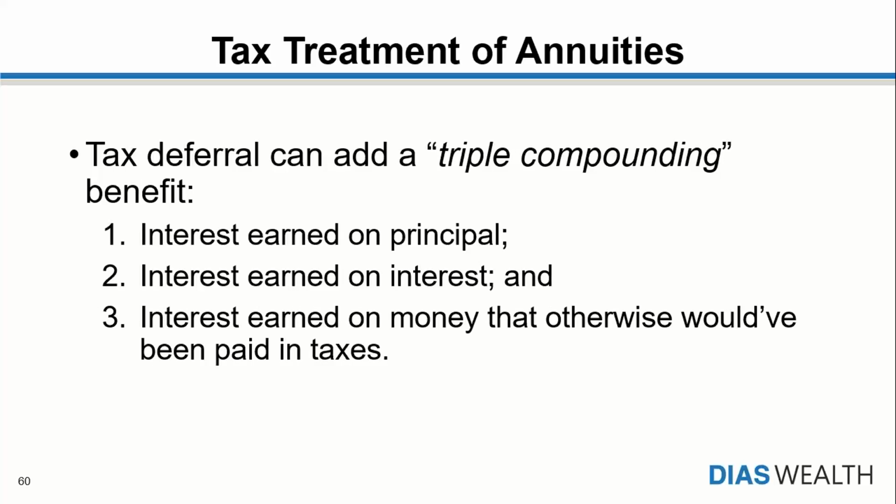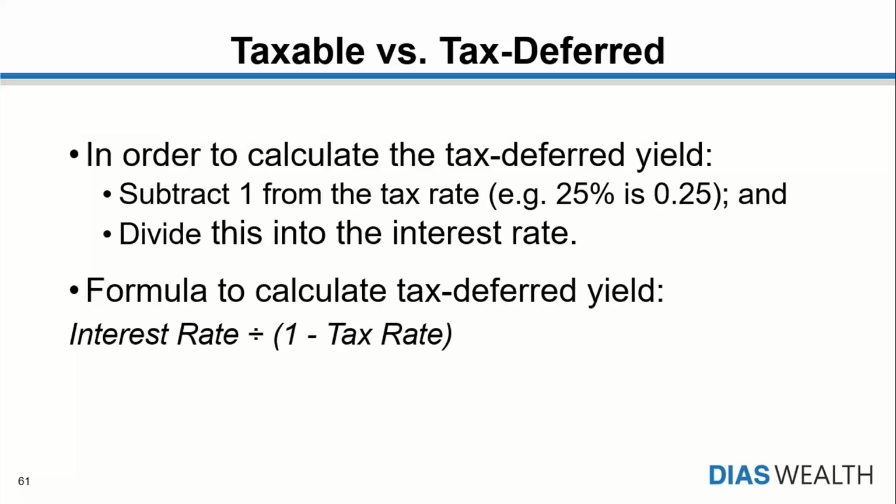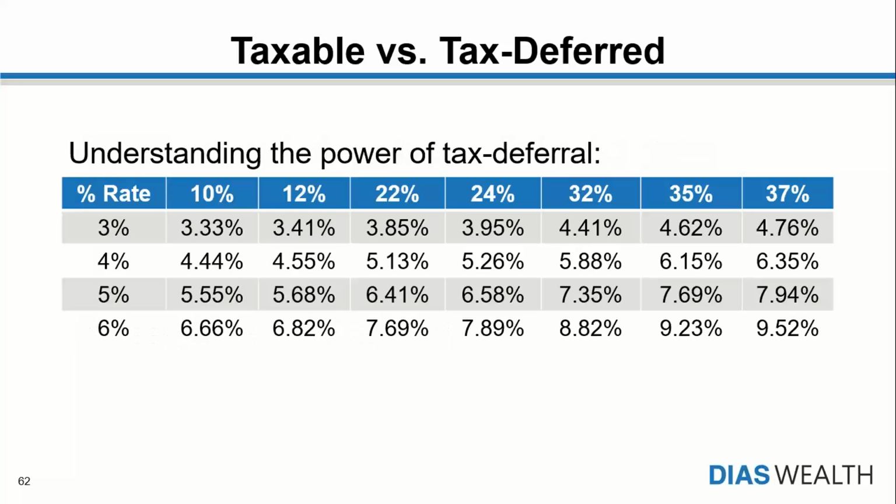And a lot of times we talk about the triple compounding benefit, so interest earned on principal, interest, and interest earned on money that would otherwise have been paid on taxes. Taxable versus tax deferred. So we're calculating, let's just say, a CD and a tax deferred annuity. This is the formula to calculate it, but here's understanding the power of tax deferral. So let's just say that you had an annuity that was a 3% rate of return.